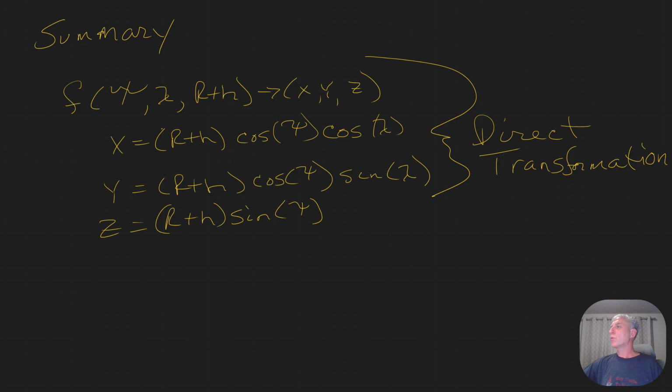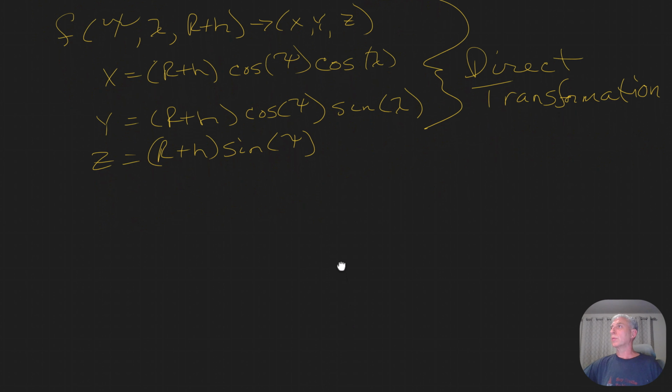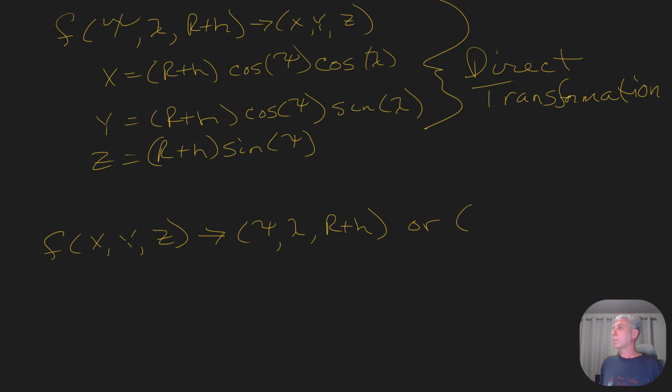And then going the other way, we need a function that takes us from x, y, z, it's a piecewise function, into psi, lambda, r plus h, or psi, lambda, h, and that goes like this.